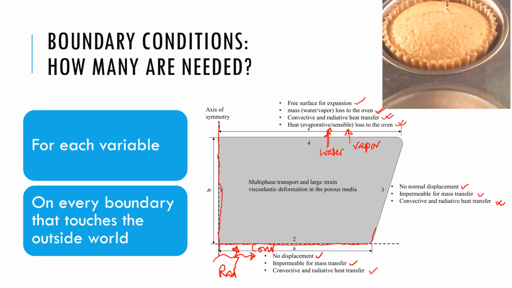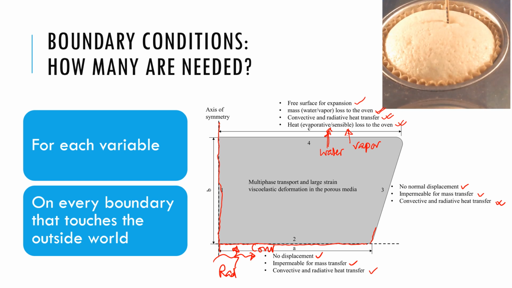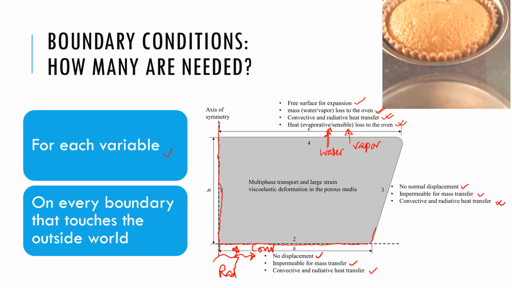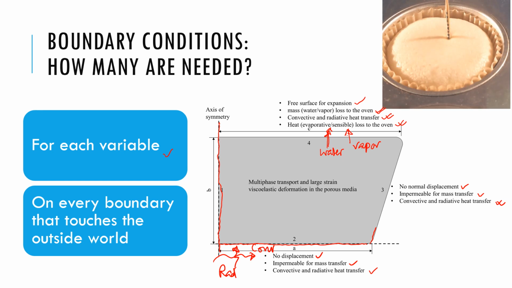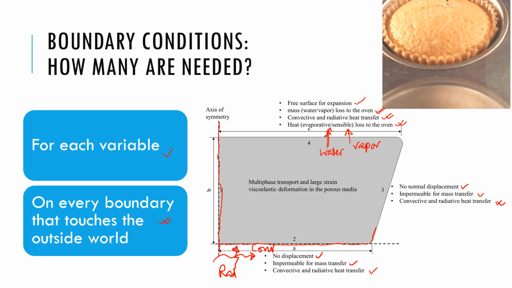So the main point is that for each variable I need boundary conditions, and I need boundary conditions over every boundary that touches the outside world.